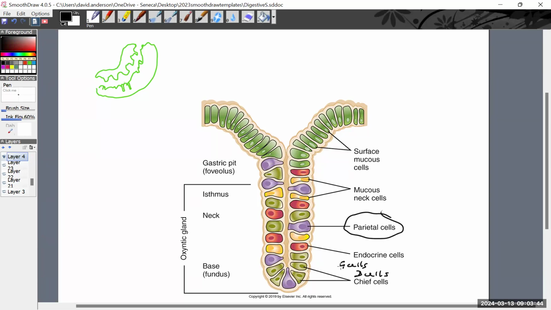And we have some endocrine cells, the G cells that produce gastrin. And we knew it had a stimulatory effect. The D cells that produce somatostatin. And it had an inhibitory effect.